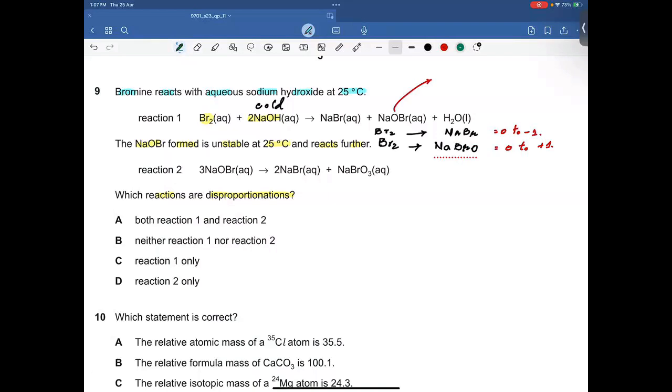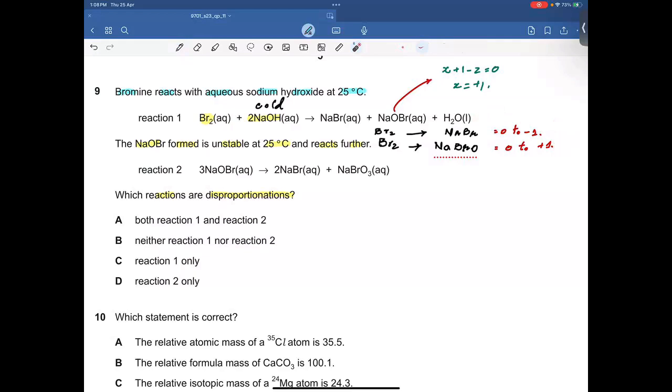Let's suppose bromine is X. Sodium has a charge of +1. Oxygen belongs to group 16, so it has a charge of -2. Since the molecule is neutral, with no charge, the sum equals 0, then X equals +1. So bromine in the first reaction is reduced as well as oxidized, which means the first reaction is a disproportionation reaction.